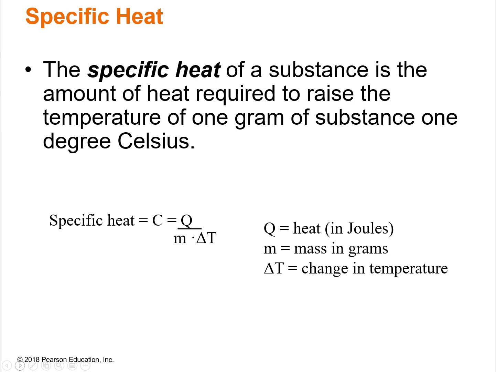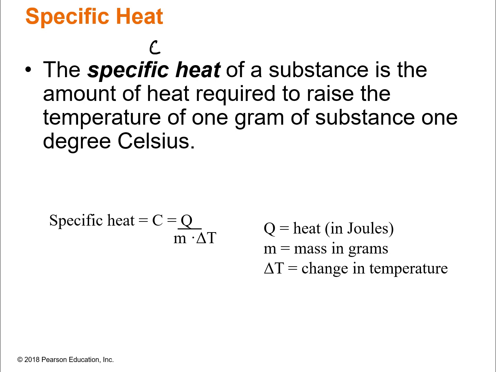So if your home is like 70-ish degrees Fahrenheit, then that's like 21-ish degrees Celsius. So we're going from 21 degrees Celsius to 22 degrees Celsius. That's what specific heat is.